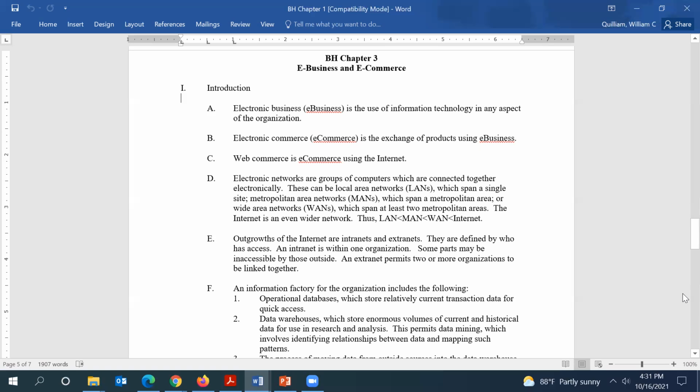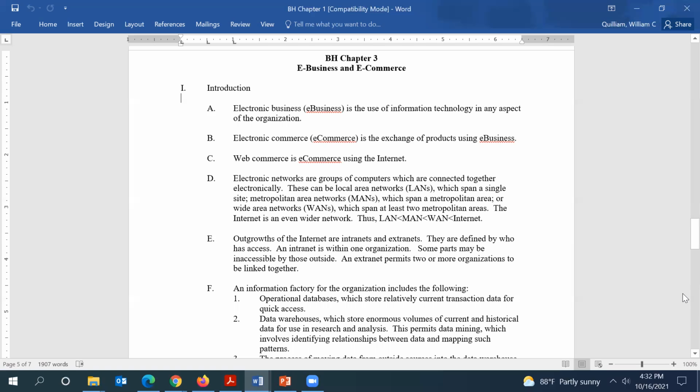Next, electronic networks are groups of computers which are linked together electronically. These can be local area networks. They span a single site. For example, our copiers here at Florida Southern are linked in a LAN, local area network. But then that has links to bigger stuff. That's why the auditor said he could get in through that.